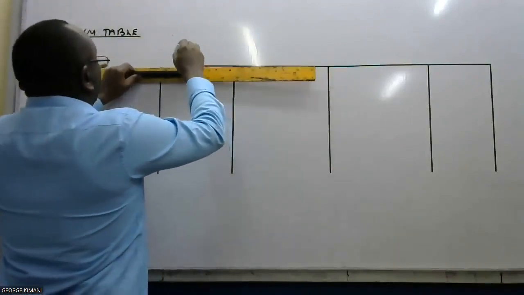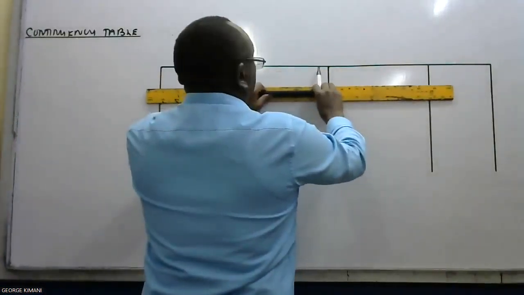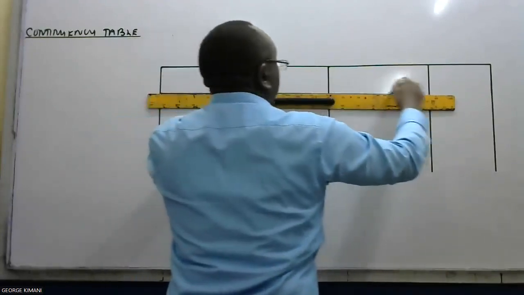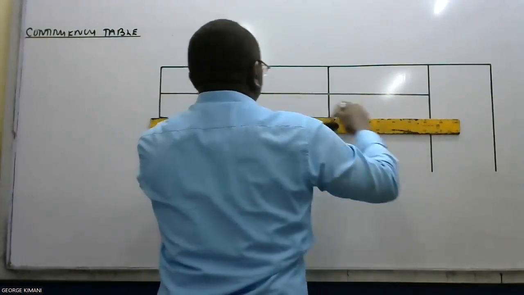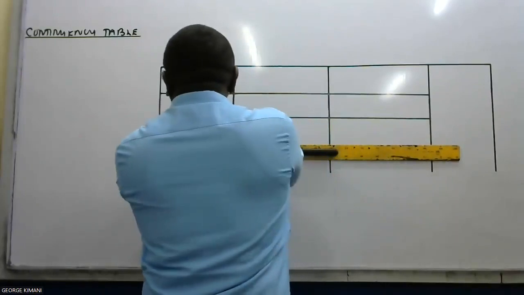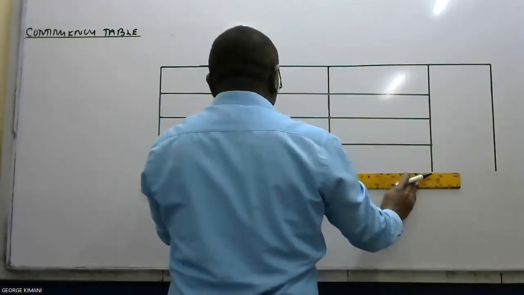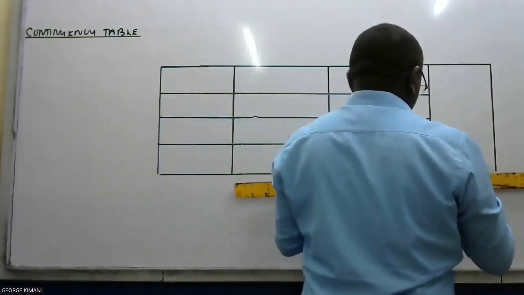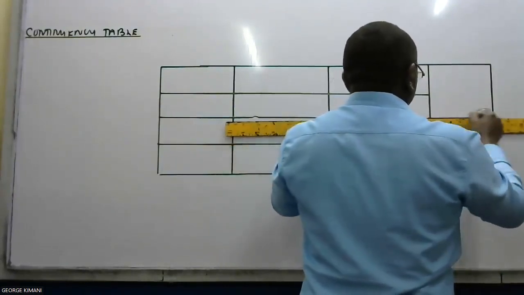We are told to divide it into two, so that we have what we are calling the rows and the columns.